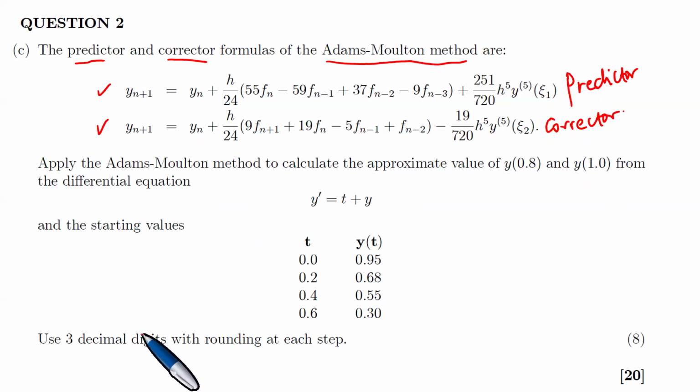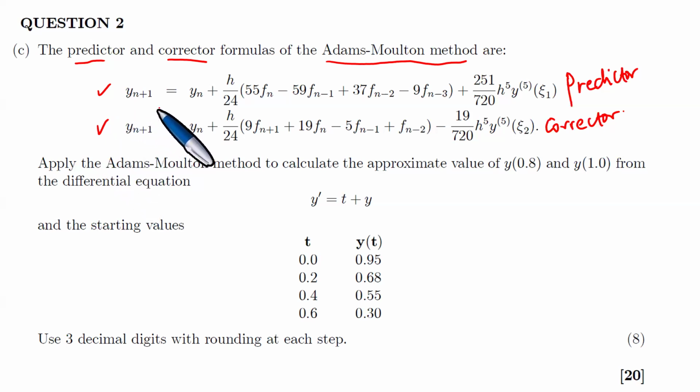Let us analyze this very carefully and zoom in on these methods before we even solve the problems. What is the predictor formula? You need to memorize it, learn it, and understand it before you apply the methods.